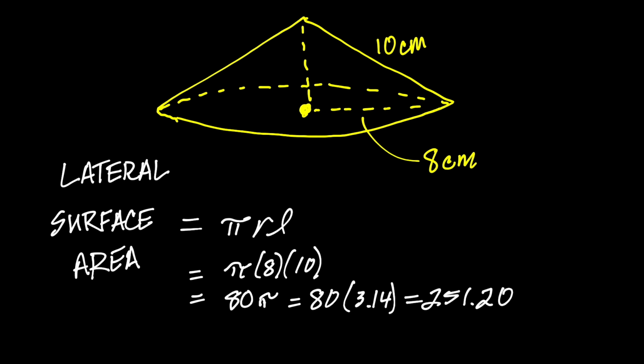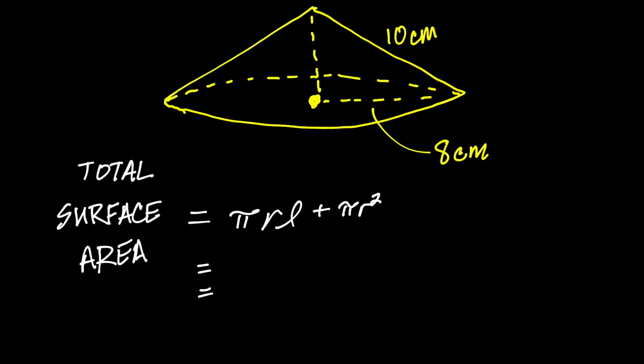But I'm not quite done yet because we have not put the units with it. The units will be centimeters squared, also known as square centimeters. So let's look at this same figure on the next slide, and we'll add in the base for a total surface area.